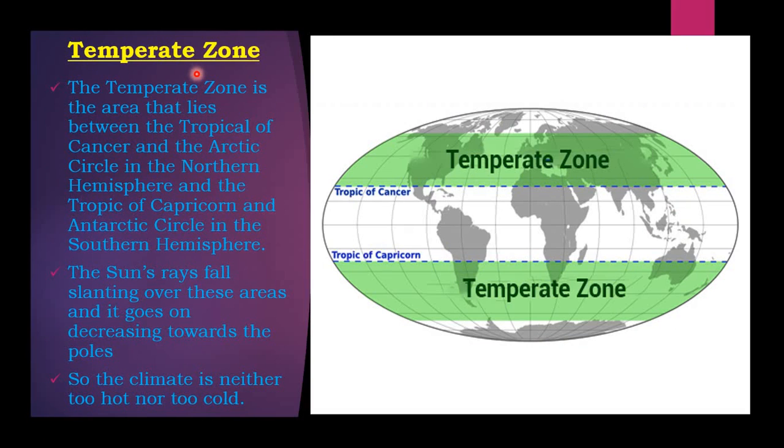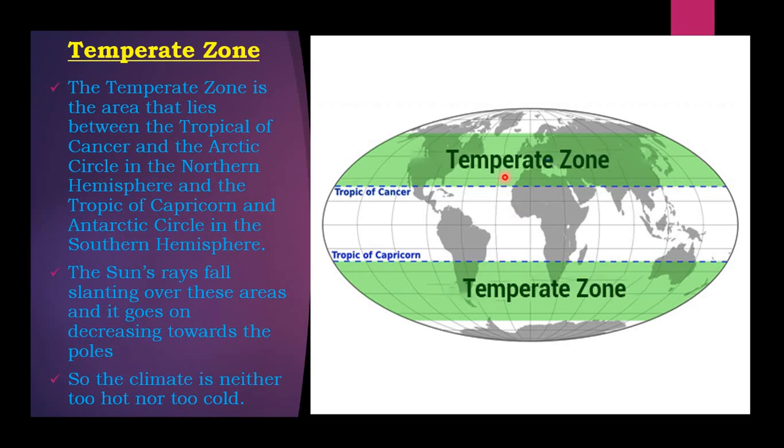So next, the temperate zone. So the temperate zone is the area that lies between the Tropic of Cancer and the Arctic Circle in the northern hemisphere, and the Tropic of Capricorn and the Antarctic Circle in the southern hemisphere.